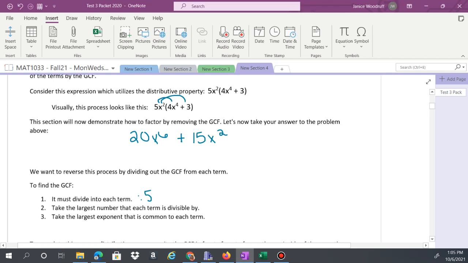And when we look at the letters, we take the largest exponent that is common to each term, which really means that we're taking the smallest exponent. As long as each of the terms has a letter, you take the smallest exponent. So an x squared is common in both x to the 6th and x squared. You take x squared out of it, because you can't take any more than this x squared here.